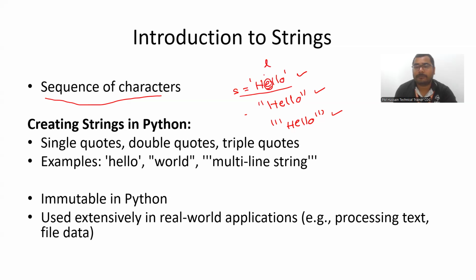It is possible, but it will create a new string instead of modifying the same string. So even after the modification, a new string is created. That's why a string is called immutable in Python. And these strings are extensively used in real world applications like processing text data and processing file data.